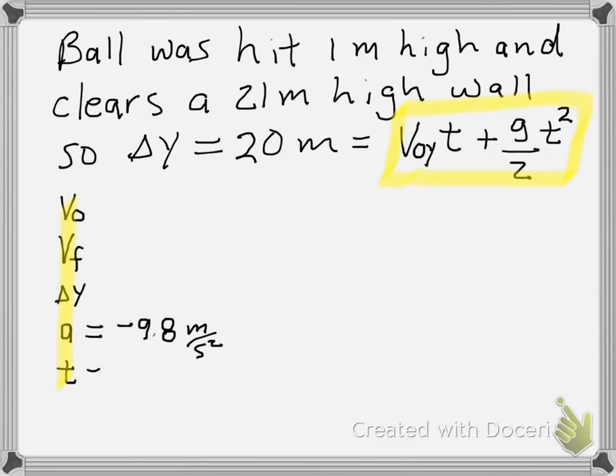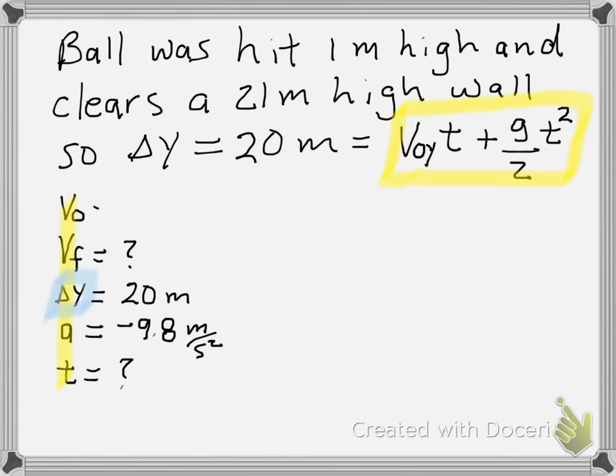We know some things. By the way, we're doing vertical. Notice the Y direction. Okay, this is in the Y direction. We're going to do both directions, but anyway, here we go.